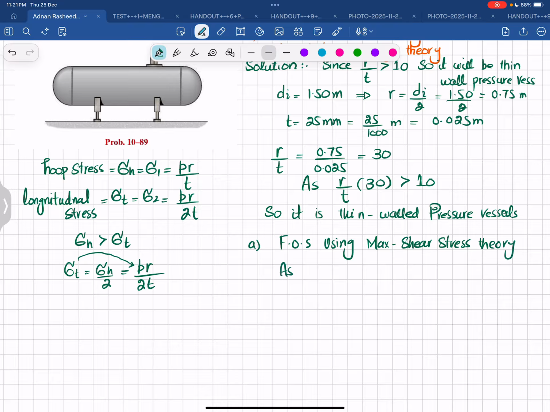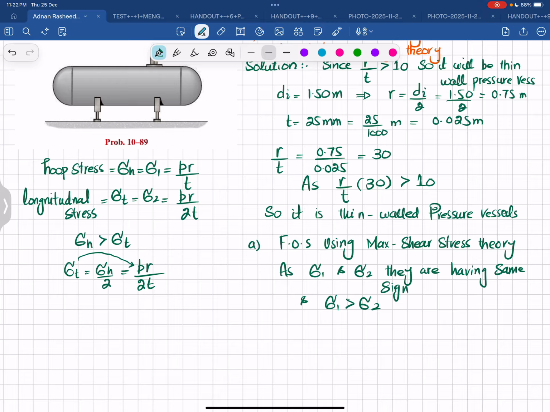As we know, sigma 1 and sigma 2 are both positive, having the same sign, and sigma 1 is greater than sigma 2.